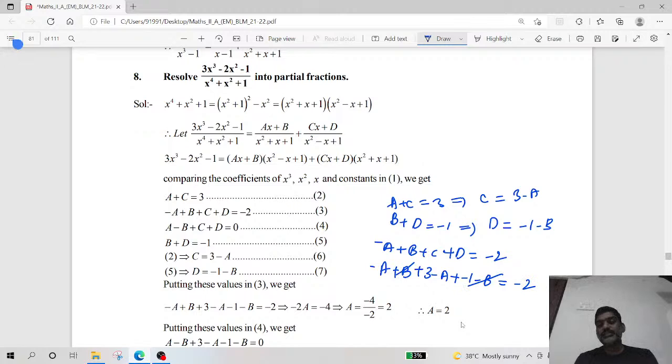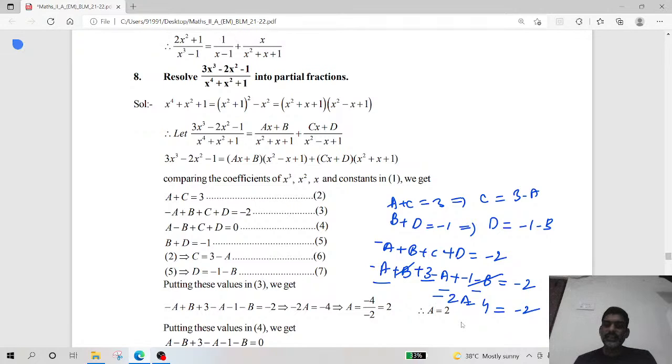Minus b gets cancelled. Minus a minus a is minus 2a, plus 3 minus 1, equal to minus 2. So we are getting a equal to 2.